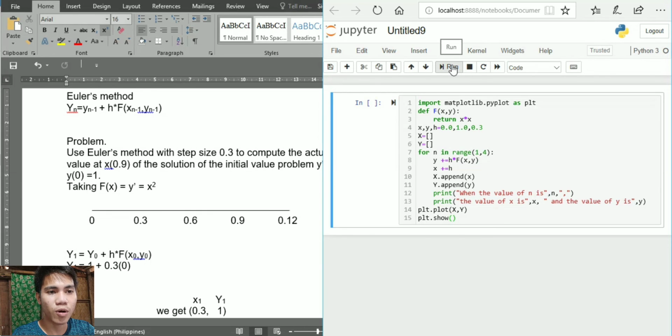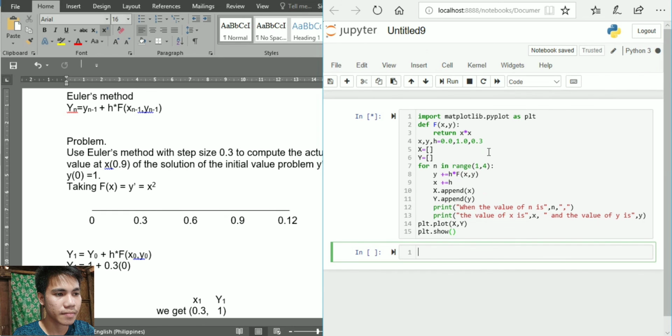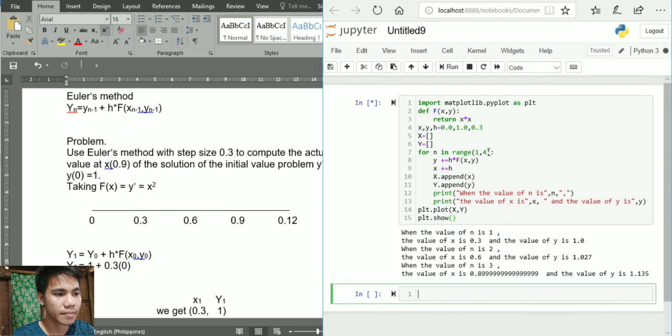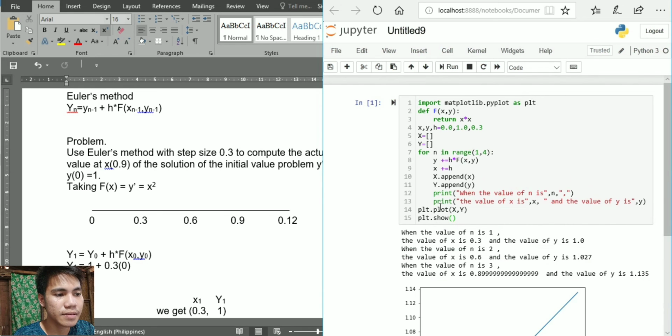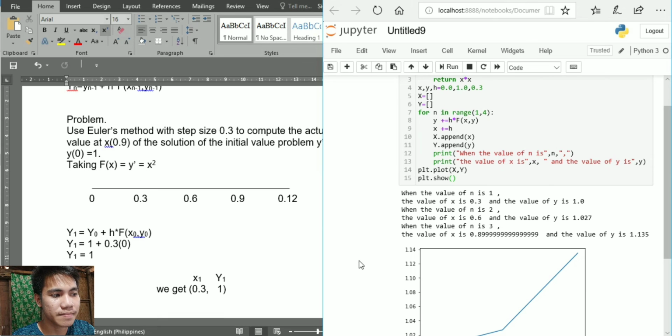So let us run the code. When the value of n is 1, the value of x is 0.3 and the value of y is 1.